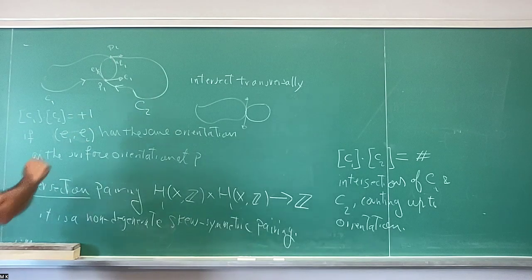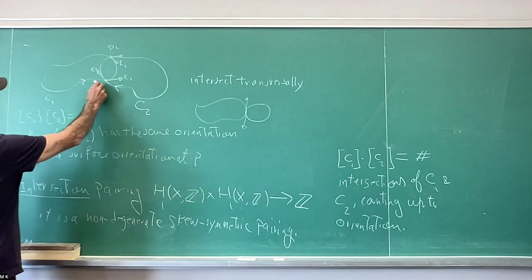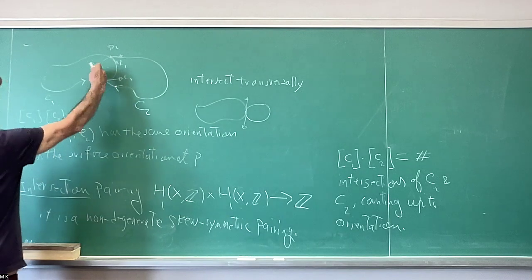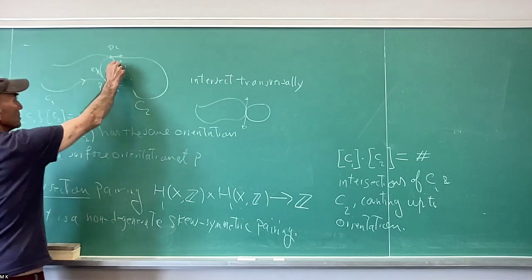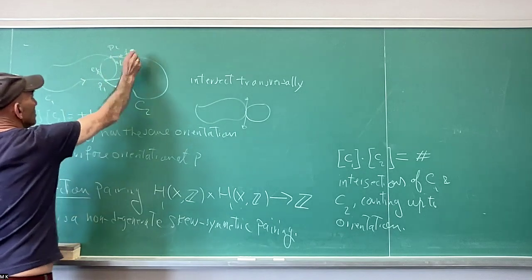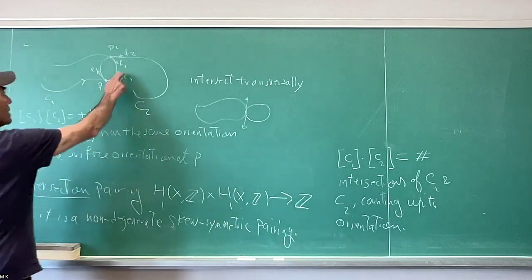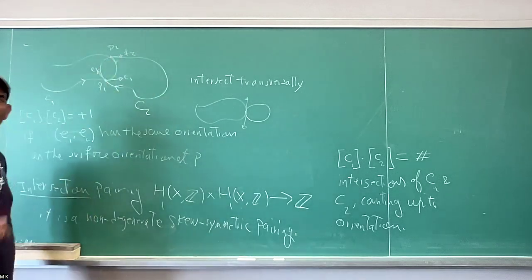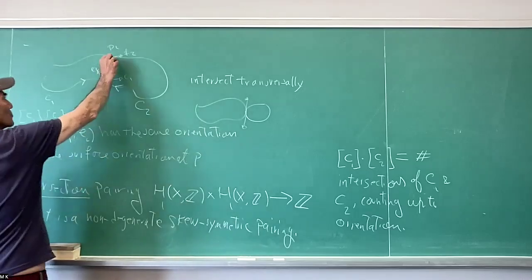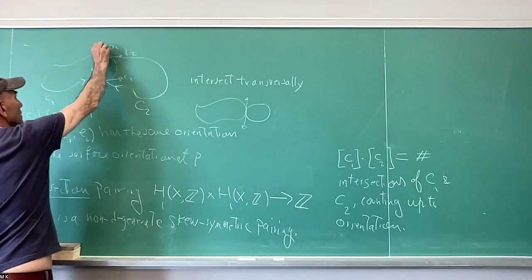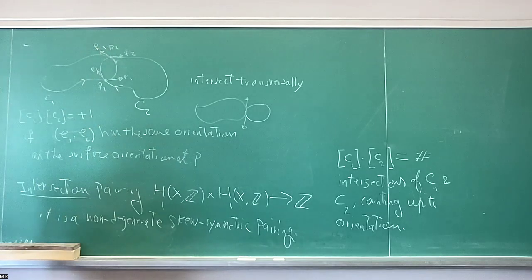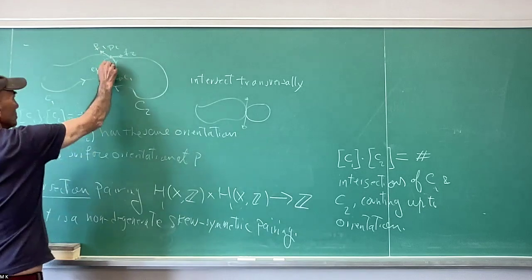So E1 and E2 are the standard orientation, and this is F1 and F2. Is F1 the opposite direction? Yeah, exactly. That's why I was worried about this a little bit. So this is this direction, F1 and F2.